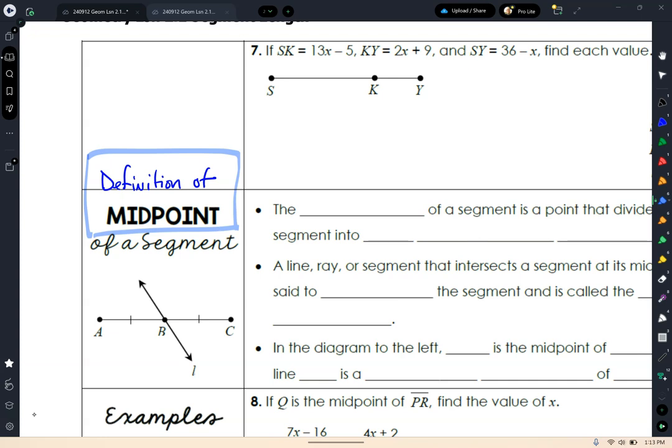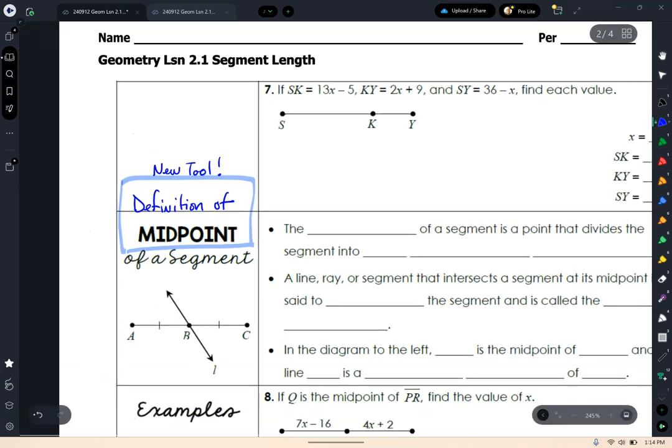So definition of midpoint. All right, this is a new tool for us. Now we have 2 tools in our tool belt to use for our geometry stuff we're working on right now. Definition of a midpoint.